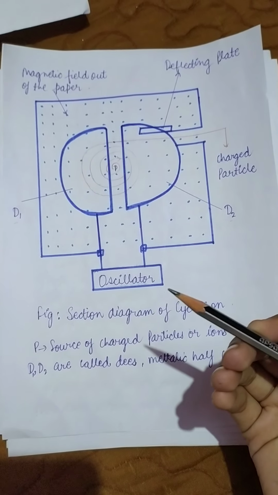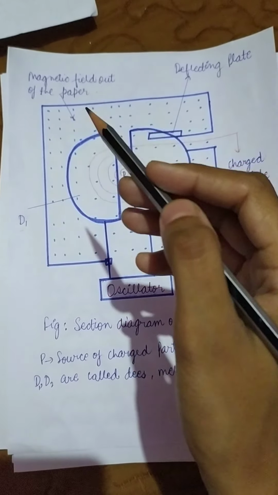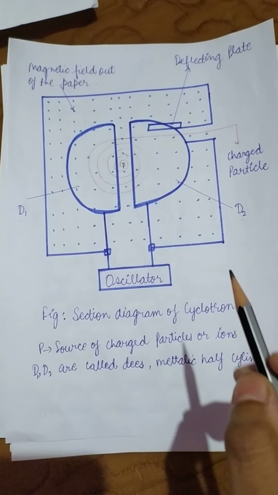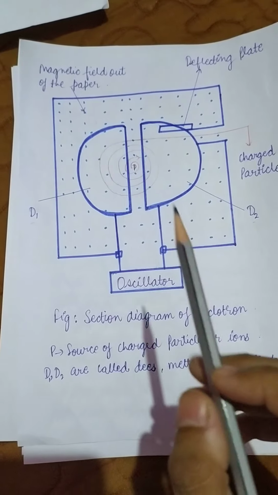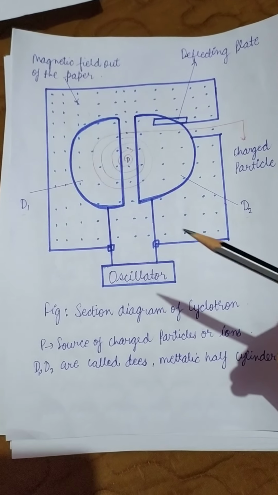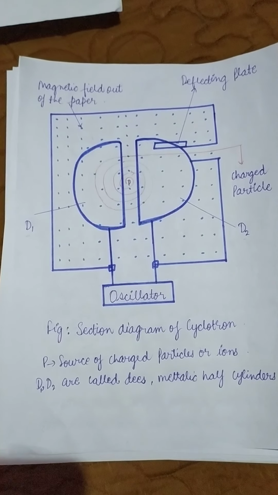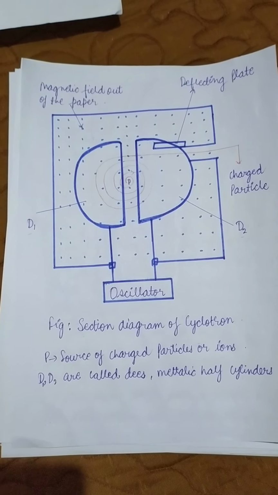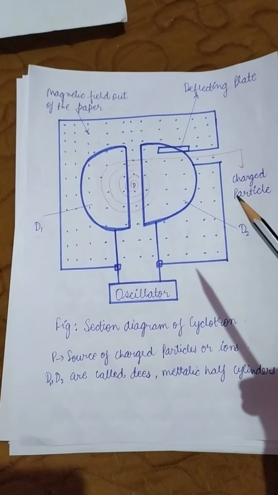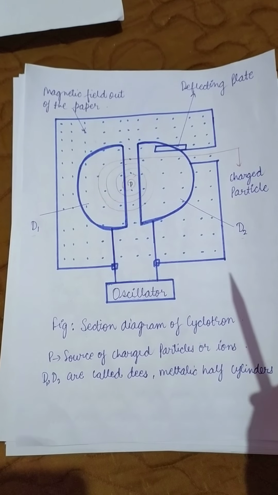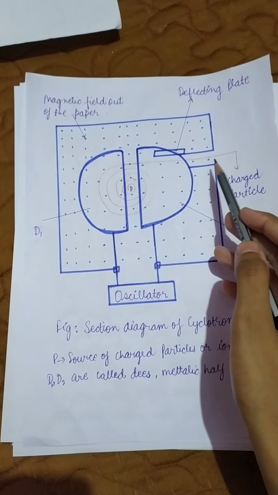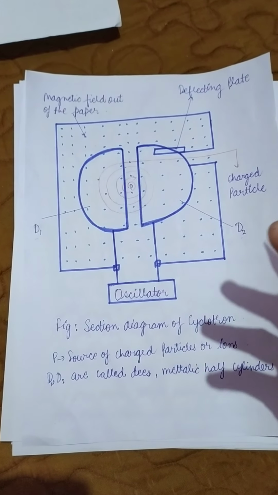Then, with the help of the magnetic field that we apply perpendicular to the charged particles, the charged particle is forced to follow a circular path. Following the circular path, the charged particle comes out by deflecting through the negatively charged deflecting plate, and the particle that comes out of this path is of very high energy.